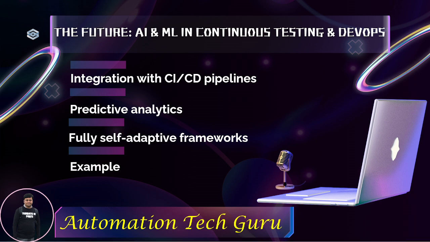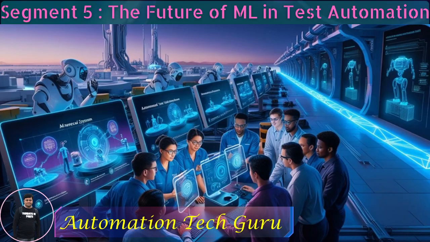For example, you can use AI in GitHub Copilot, Jenkins and TestOps in automating test script creation and execution. So AI and ML are already transforming test automation across industries. Companies using AI testing see faster releases, fewer defects and improved efficiency. The future of test automation is self-learning, adaptive, and AI-driven.